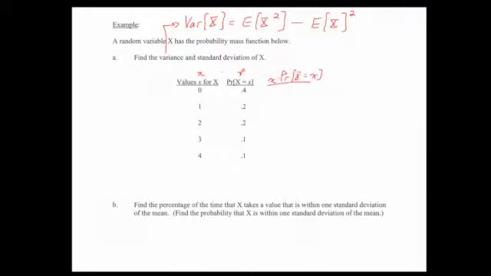So 0 times 0.4 is 0. 1 times 0.2 is 0.2. Multiply here, you get 0.4, 0.3, and 0.4. When I add these products together, I get the mean. And here are notations for the mean. You could write E of x, you could write mu. Those add up to 1.3.